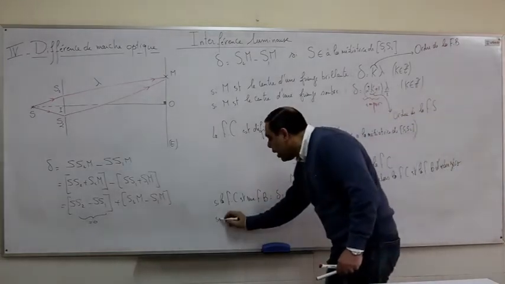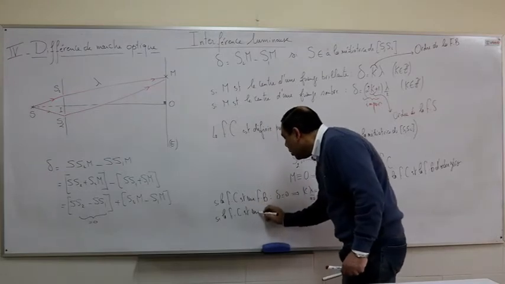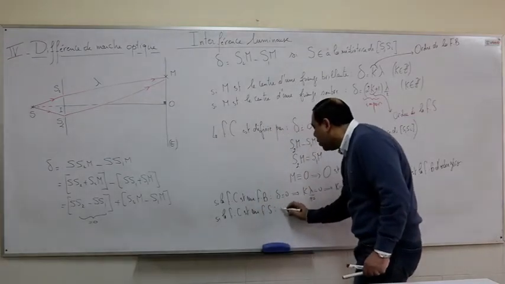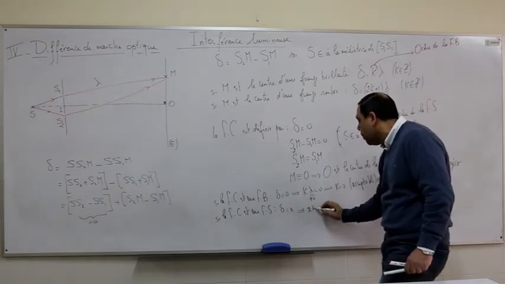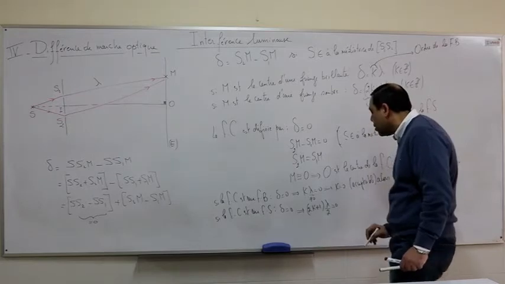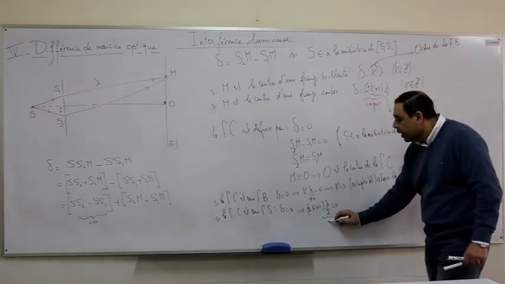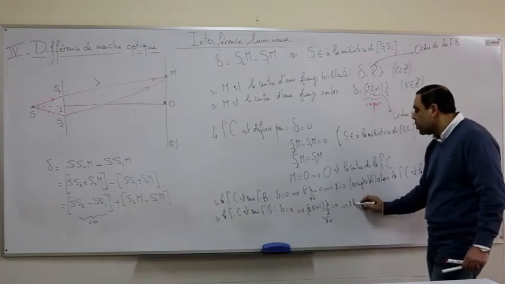If the central fringe is a dark fringe, delta equals 0 implies (2k plus 1) times lambda over 2 equals 0. But lambda over 2 is different than 0.